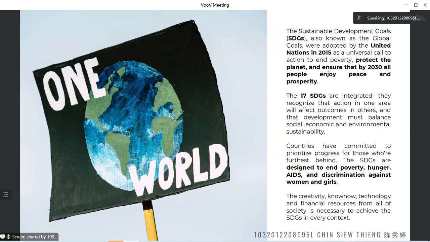It raises these goals for all countries across the globe to protect the planet and ensure that by 2030 all people enjoy peace and prosperity. And there are 17 SDGs, integrated so that action in one area influences the outcome in another, to make a difference and make an effort to change economic growth in a more sustainable way.